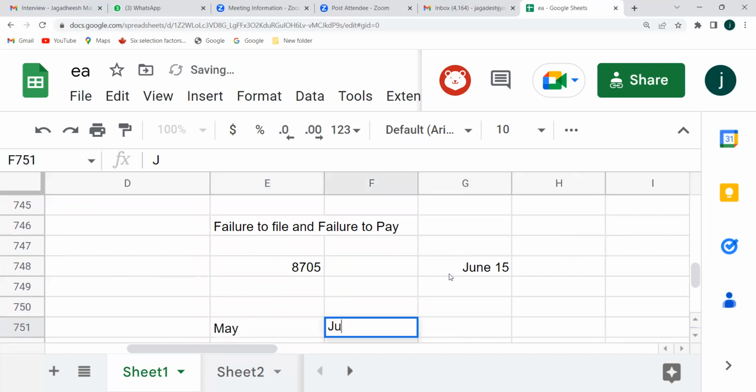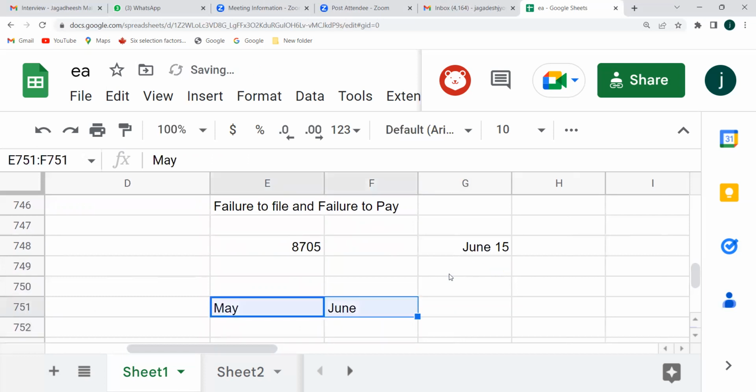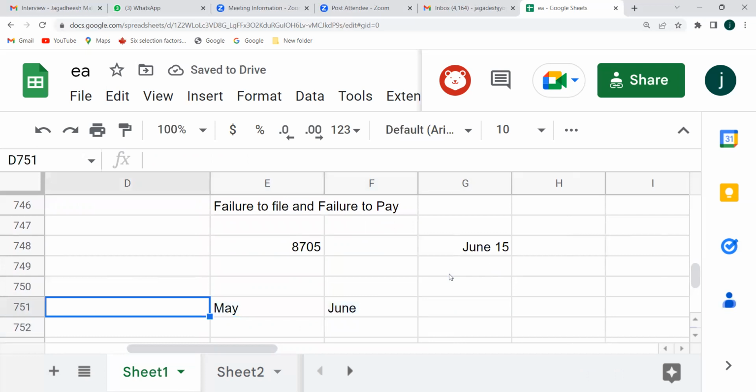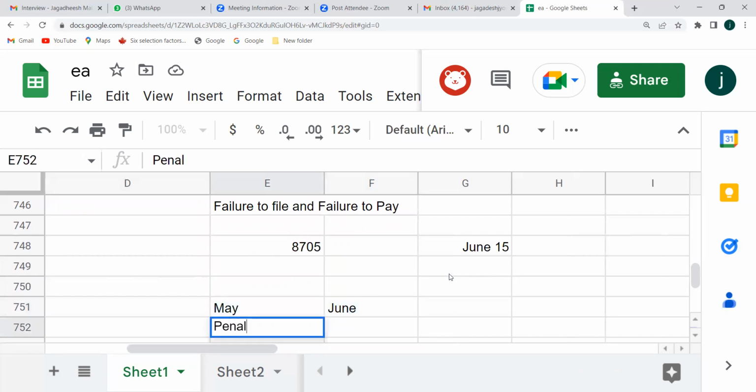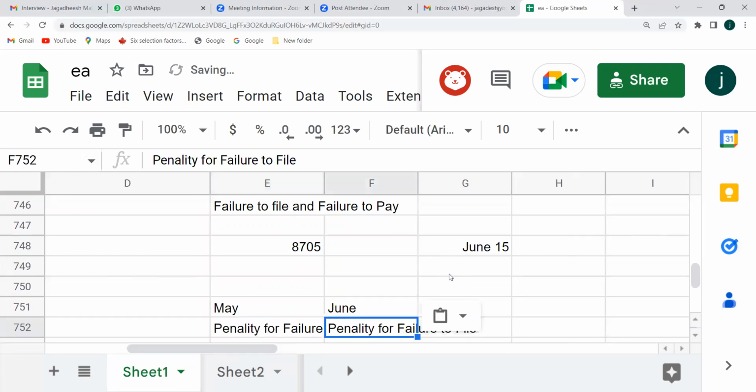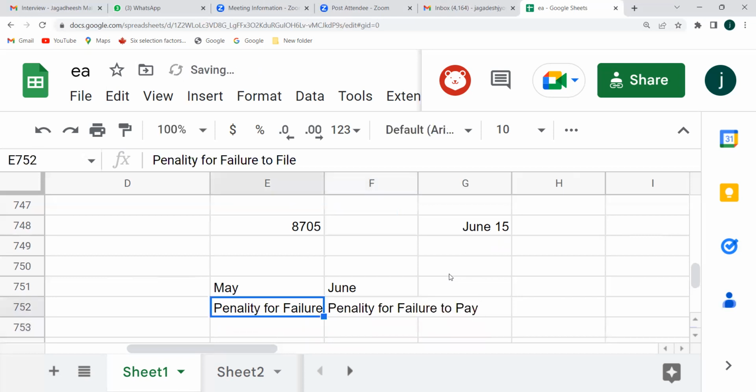In these 2 months, we need to pay two things. One is the penalty for failure to file, and here the penalty for failure to pay. In both months, you need to pay two things.